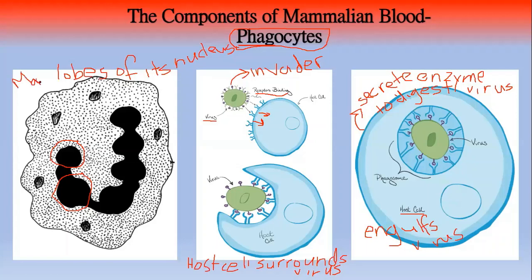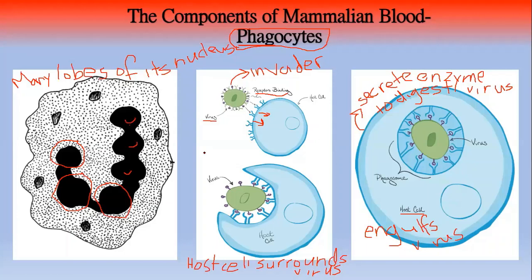So whenever you see that, you know that it's a phagocyte. So you have one lobe here, one here, another one here, and so forth. One here, here, here, many lobes of the nucleus.